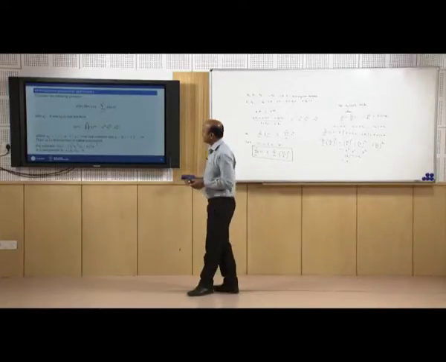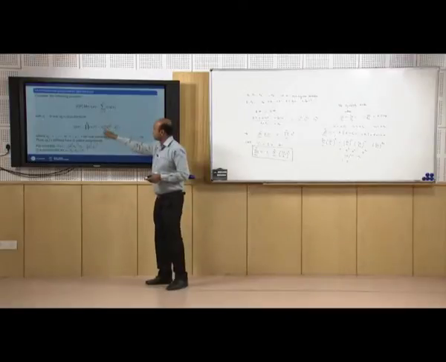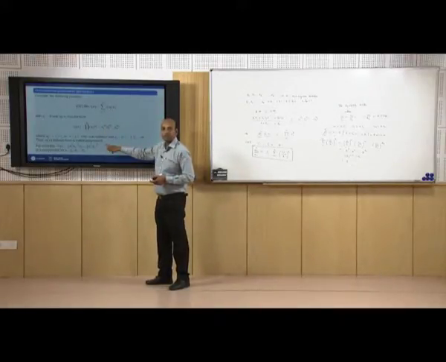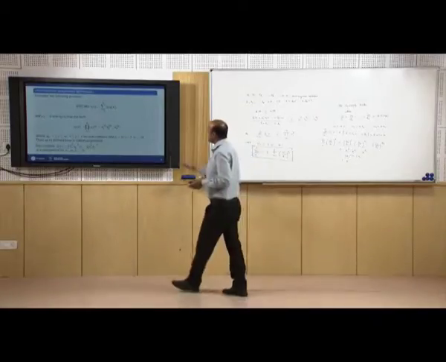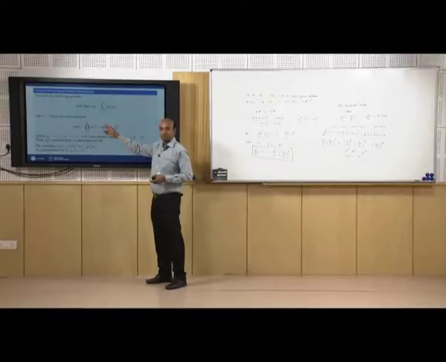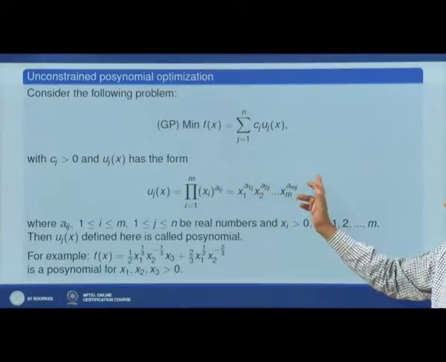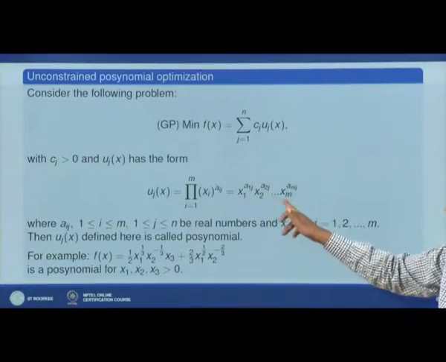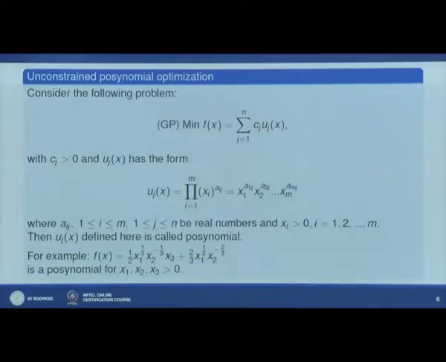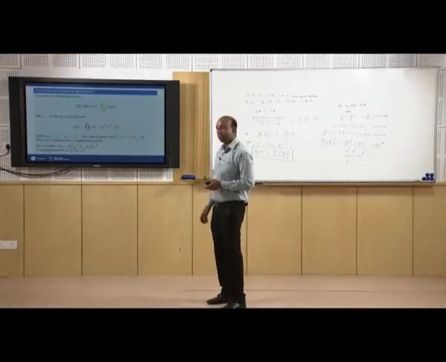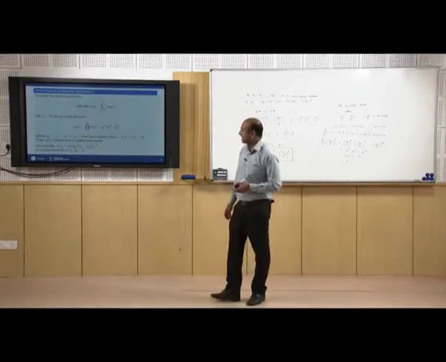Now, this type of expressions we call posynomials. Okay, this word is derived from polynomials. We are calling it posynomials because this may take fractional power also, maybe negative power also. For example, we have this type of expression, function f(x) equals 1 by 2 x1 raised to power 1 by 3, x2 raised to power minus 1 by 3.